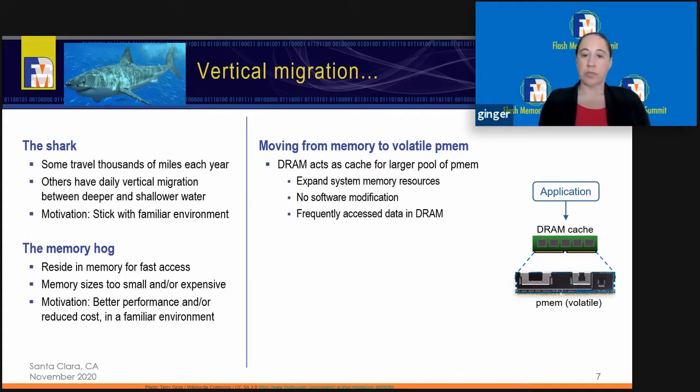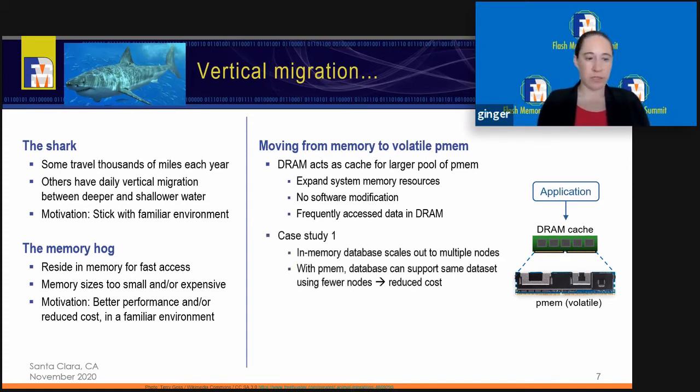This allows you to expand your total system memory resources and have a larger working set of data. You don't have to do any software modifications, and any of your frequently accessed data is still going to be in DRAM. It's just a cache, so that when you run out of DRAM and you need to get data, you go to persistent memory, which is faster than going to SSD.